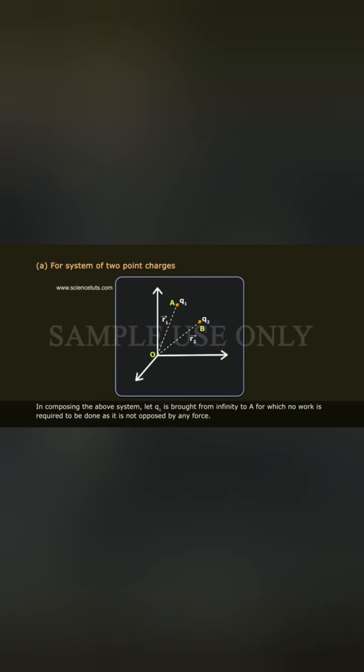In composing the above system, let Q1 be brought from infinity to A, for which no work is required to be done as it is not opposed by any force.